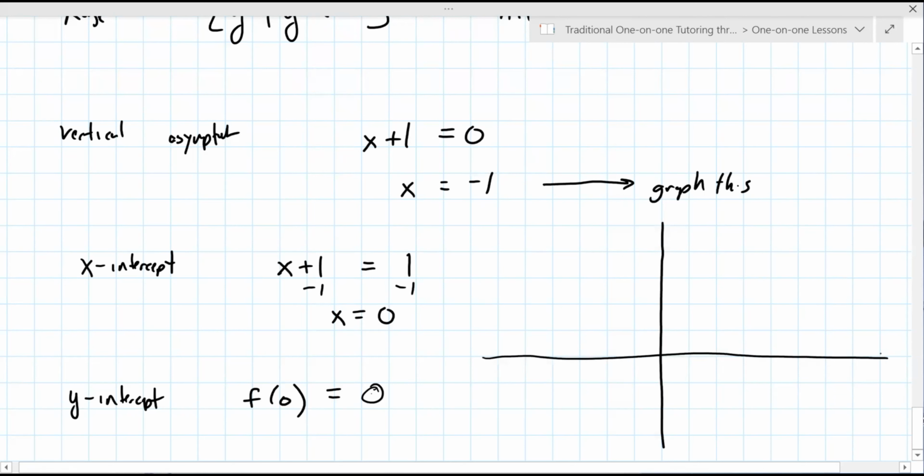I mentioned the first thing you really want to graph is the vertical asymptote, and that's x equals -1. So you draw a vertical line at x equals -1. Then you graph the 2 points.